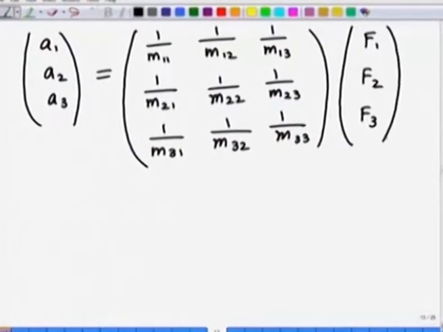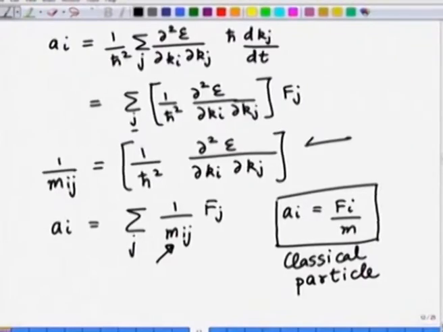Now, I have got a behavior like a classical particle, except I have introduced an effective mass tensor, and this Mij, of course, is a quantity given by this. So, from the E versus k diagram, now I can find effective mass.